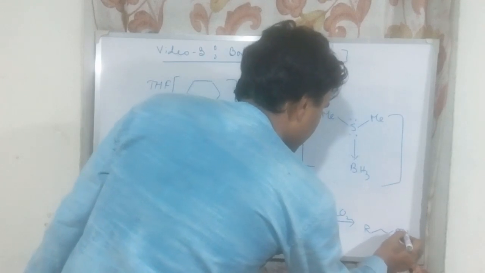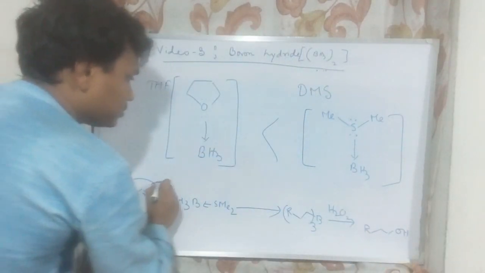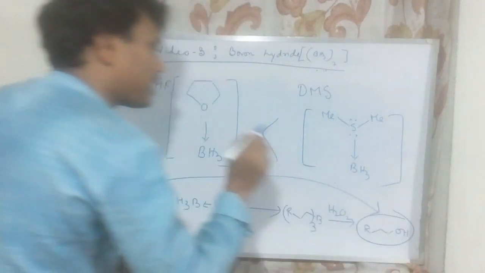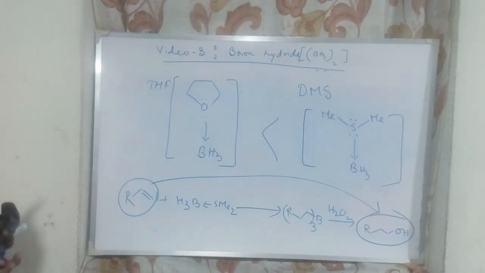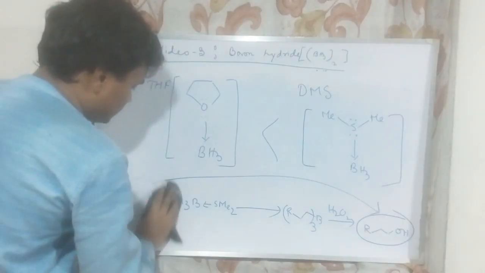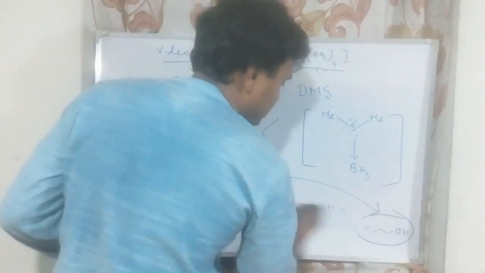So in this way, this alkene could be converted into alcohol, and this is a very famous reaction, and I will make a dedicated video on this reaction later on. So this is the reactivity of this oxygen BH3 or sulfur BH3 material.